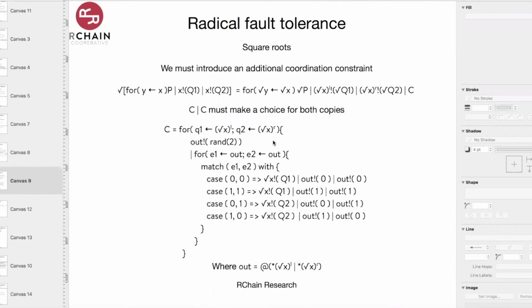So if your votes are either 0 or 1 and you triple it, then 0, 0, 0 goes to 0. 0, 0, 1 goes to 0. 0, 1, 1 goes to 1. 1, 1, 1 goes to 1. 0, 1, 0 goes to 0, etc. You see what I'm doing, right? You treat that as if it were another voting mechanism.